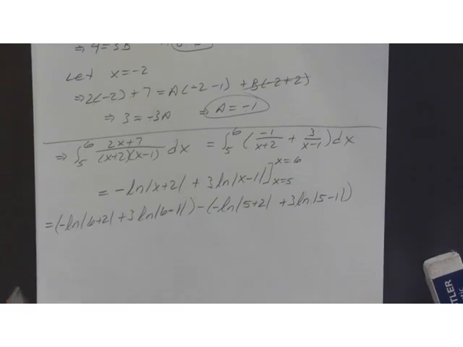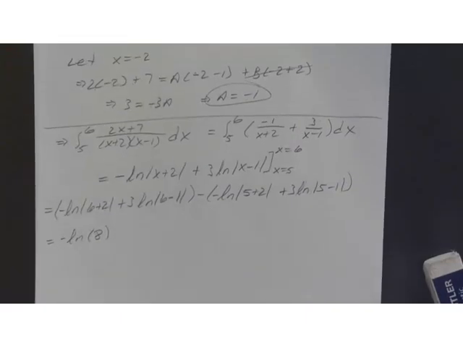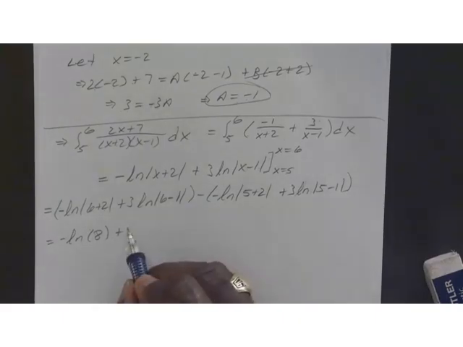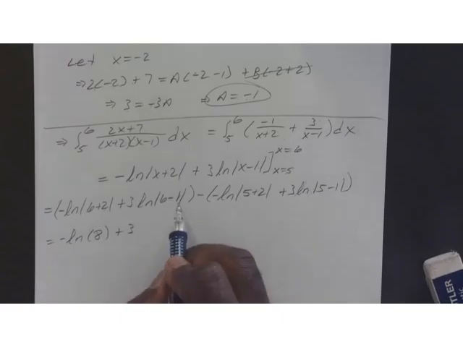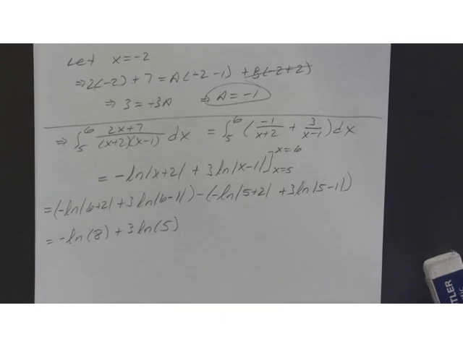Okay. So from there, we just simplify it. That's negative natural log of 6 plus 2, which is 8. And since 8 is positive, we don't need the absolute value. I mean, it shouldn't mark it wrong if you did, but you don't really need it. Plus 3 times the natural log of 6 minus 1. So that's the natural log of 5. Again, 5 is positive, so we don't need that absolute value.